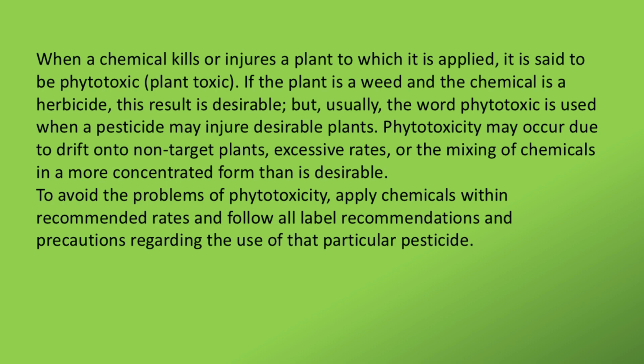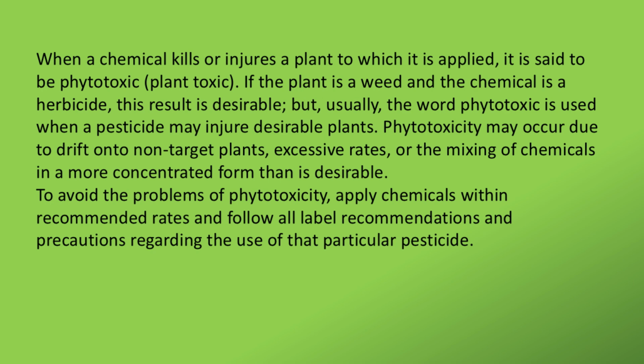Phytotoxicity. When a chemical kills or injures a plant to which it is applied, it is said to be phytotoxic, or plant toxic. If the plant is a weed and the chemical is a herbicide, the result is desirable, but usually the word phytotoxic is used when a pesticide may injure desirable plants.